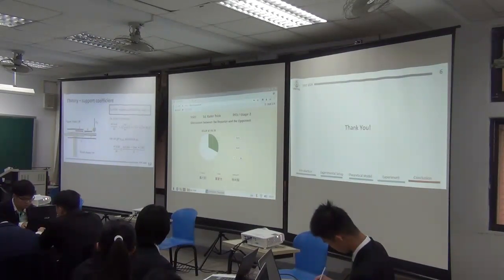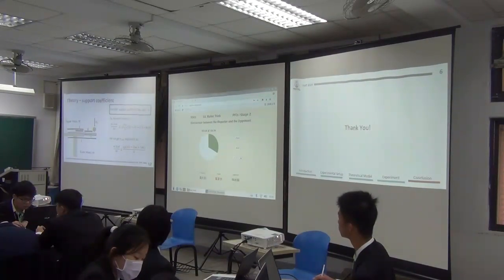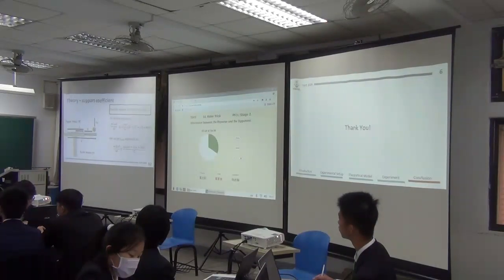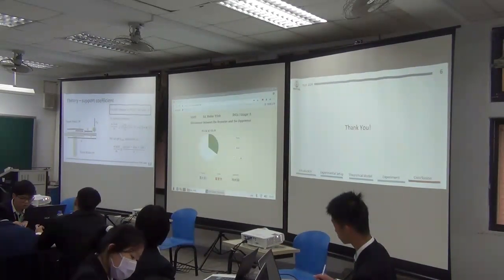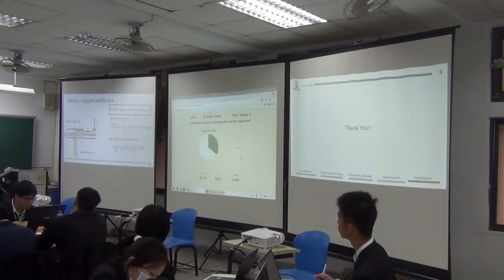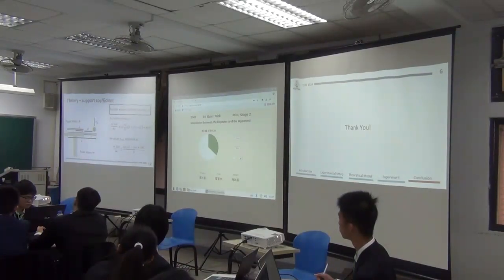Okay, but if the contact time is short, the force will be small, and when the force is small, it won't be able to lift the paper upward and cause a pressure difference under the paper. So I think if the ball is extremely elastic, it'll be more likely to fall.